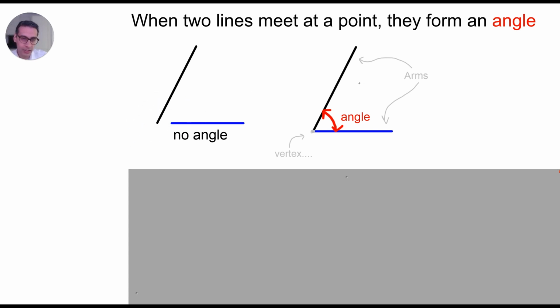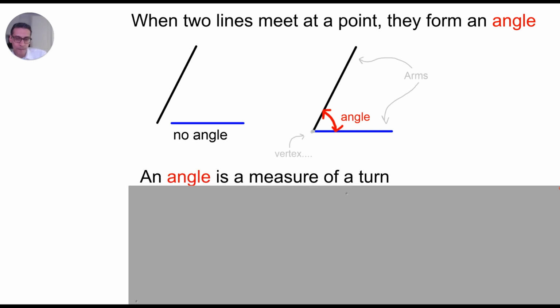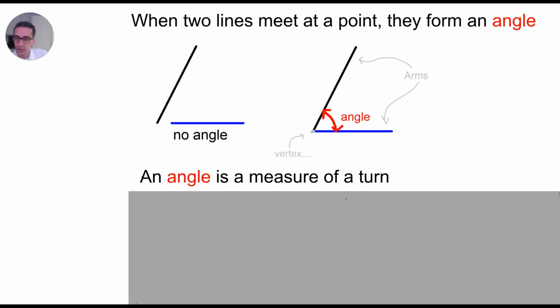And on the right hand side, you can see where the two lines meet, which we call a vertex. It forms an angle. And the two lines that form the angle, sometimes we call them arms as well. Now, an angle is a measure of a turn.